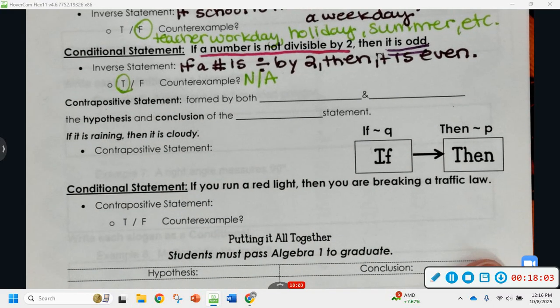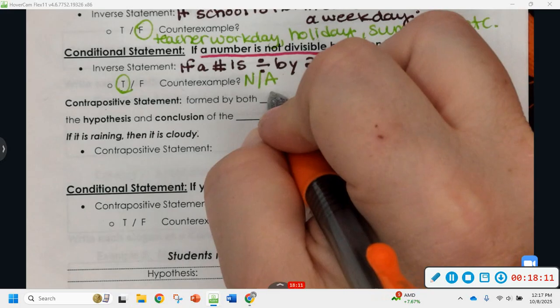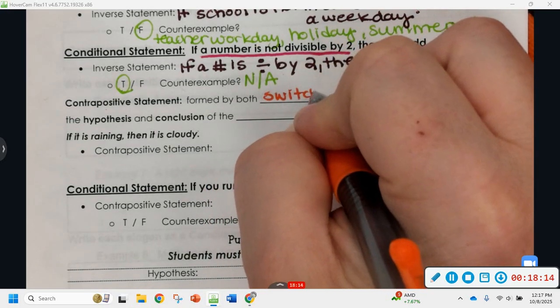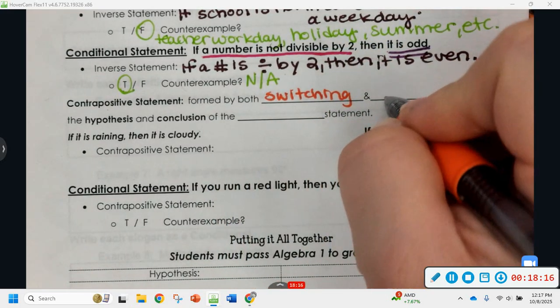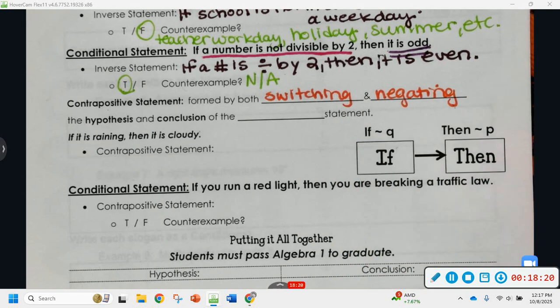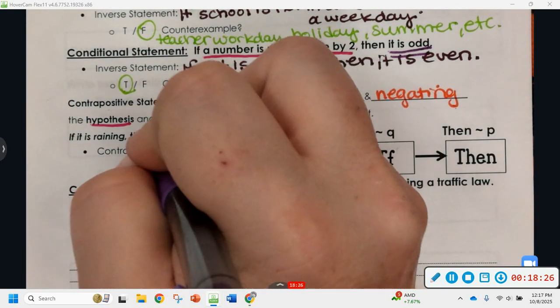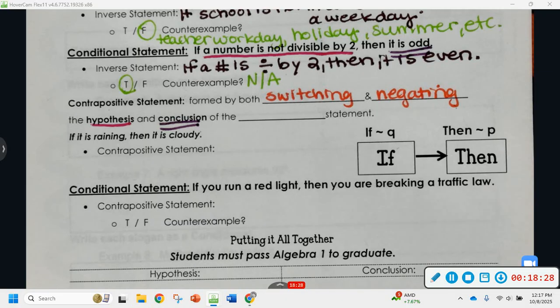Then our last type is called the contrapositive. The contrapositive is formed by switching and negating your hypothesis and conclusion of the original statement.